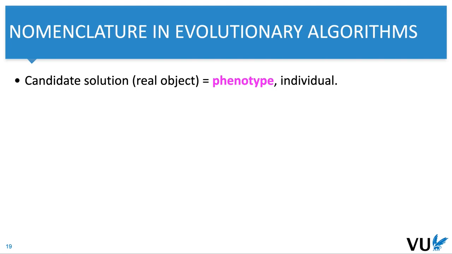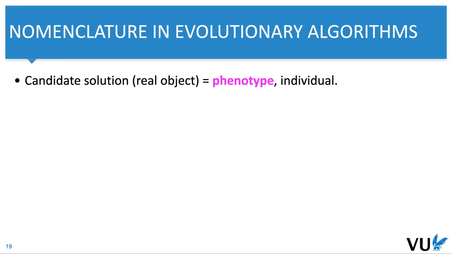And now we will briefly go through concepts, or definitions, of what we mean by different words used in evolutionary algorithms, because this field has its own concepts that sometimes are maybe a bit too much, giving another name, but they keep this motivation from biology, so people are used to these concepts.